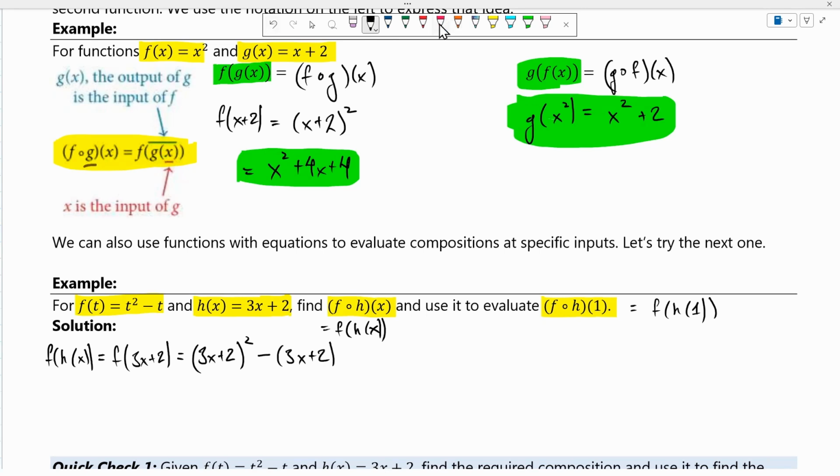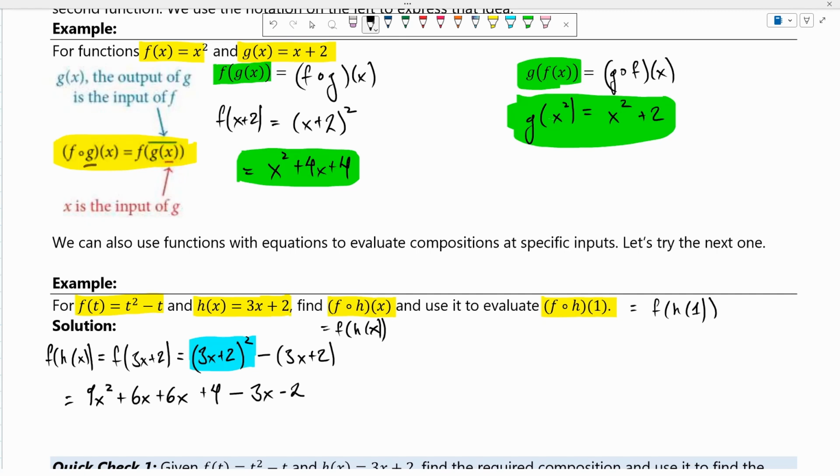Now, this is a big point where people make the mistake. It's minus all of h of x, so make sure you use your parentheses appropriately. If I grab this thing, highlight it in blue, and expand it out, I get 9x squared plus 6x plus 6x plus 4. Minus, now I have to distribute that negative in: minus 3x minus 2.